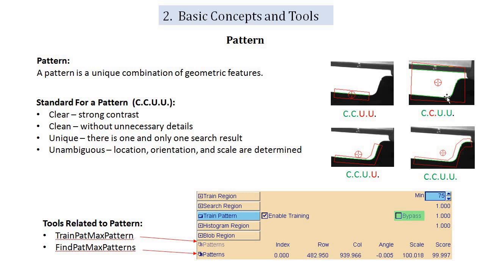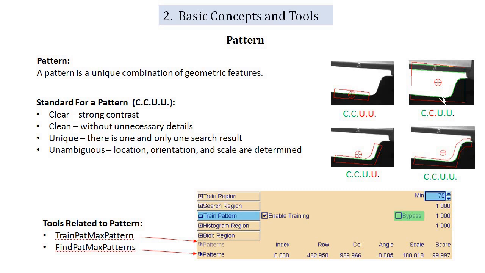So there are these 4 possible solutions here. The first one, we use segment in the short area as the pattern. But this one, if we use the requirements to judge, it will be good on clean, clear, but not good on unique and ambiguous.